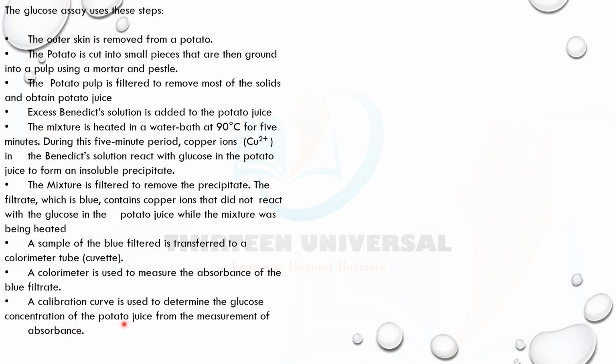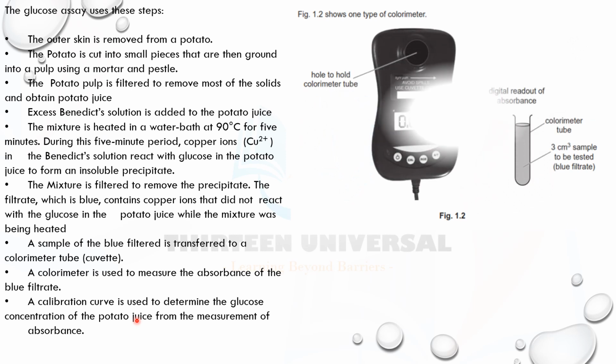So measure absorbance using standard solutions, and then you can use it to estimate the concentration of this unknown glucose concentration from the potato juice. You can read this again and again, but let's do something here.